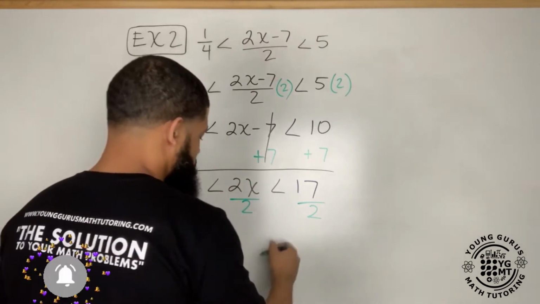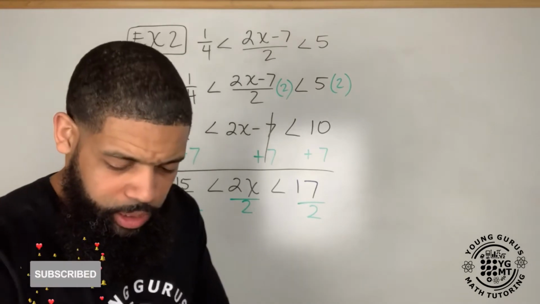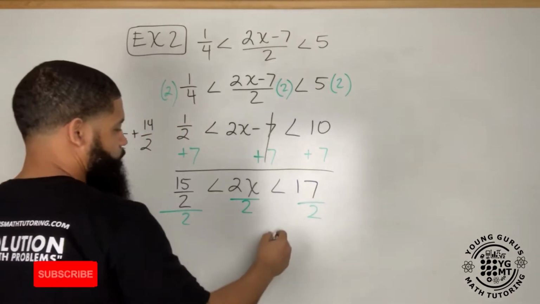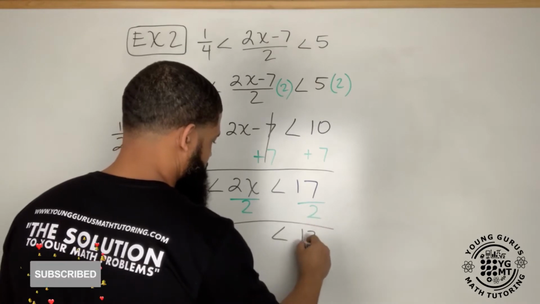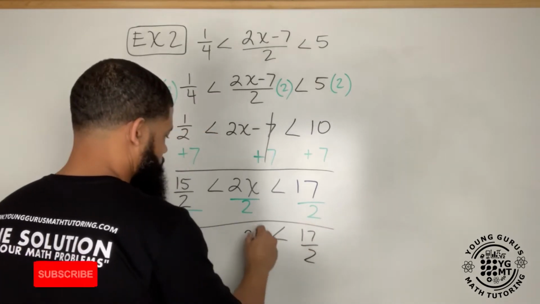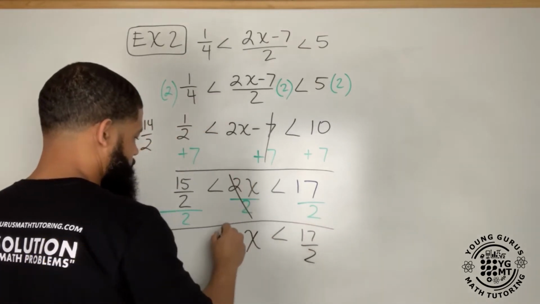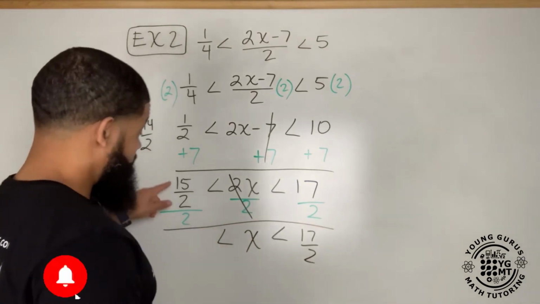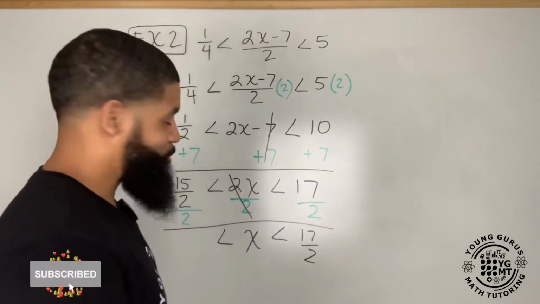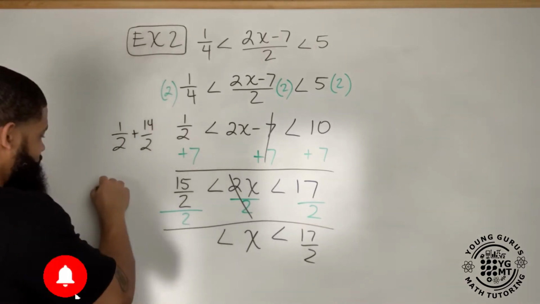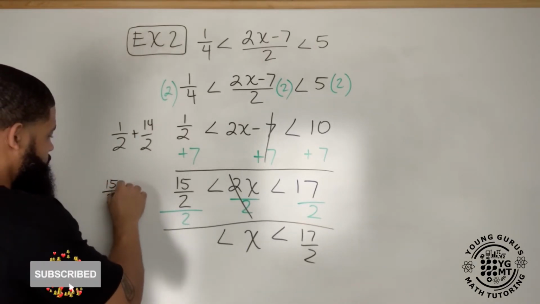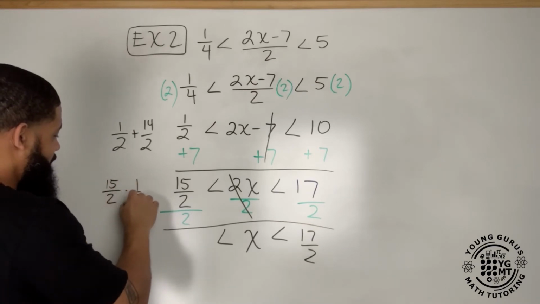So here, let's do here first. So 17 over 2 is just 17 over 2. Here I'm going to have just x, because those cancel. And then here, 15 over 2 divided by 2 is going to be interesting. So what it looks like is actually 15 over 2 times 1/2.